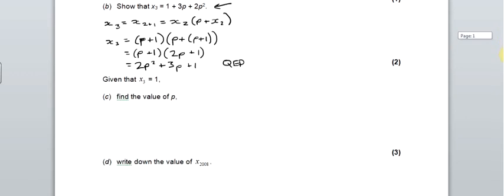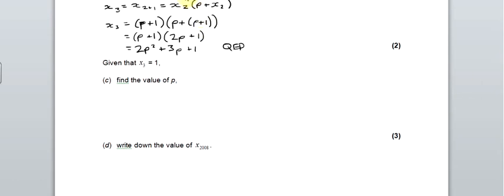Now, there's a new piece of information turned up here. They've just told us that the third term equals 1. Find the value of p. Well, it happens to be that the third term also equals this quadratic, so I can say that this quadratic, 2p squared plus 3p plus 1 equals 1, and subtracting 1 from both sides leaves 2p squared plus 3p equaling 0.